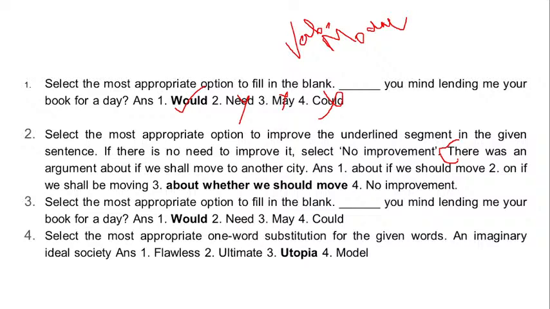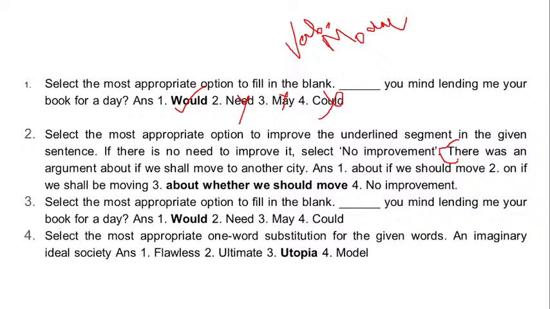No, actually, it is not entirely wrong if the context or the construction was something else. "There was an argument about if we should", no, it is not grammatically correct. It could be "We can't decide if we should move to another city."